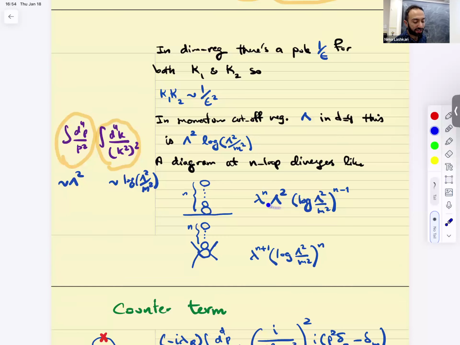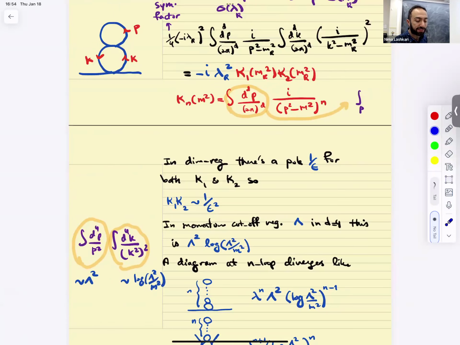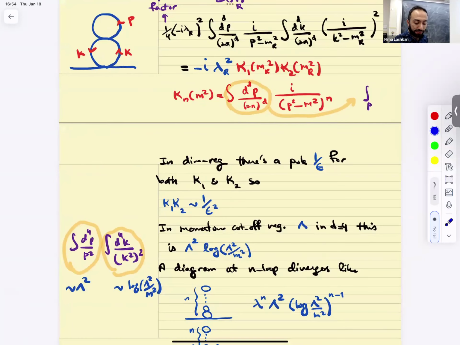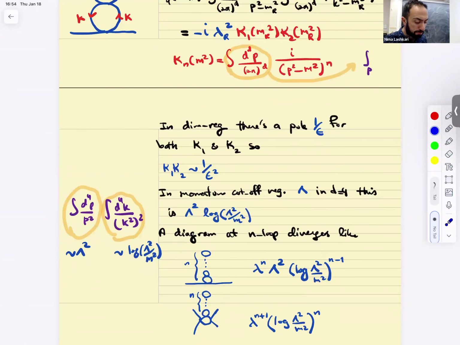It's not hard to convince yourself, because as you're writing these Legos, you learn that for this n bubble diagram, you have one of these integrals that diverges like lambda squared, and all the other integrals diverge like log. So you end up with log to the power of n minus 1 at n loop.